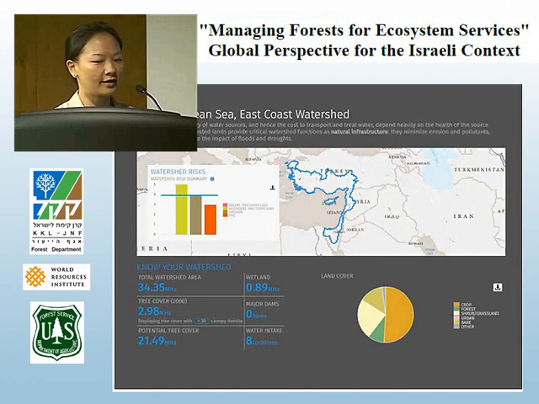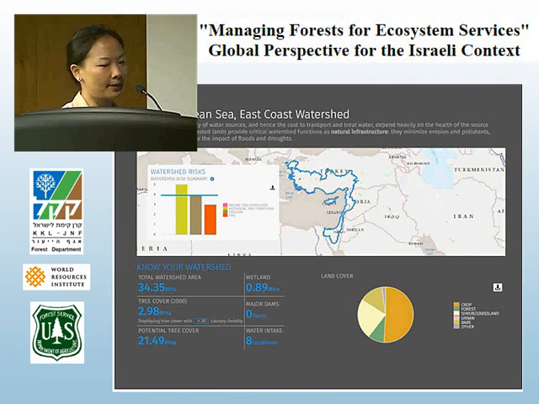So Israel is part of a major watershed. Here we call it the Mediterranean Sea and East Coast watershed. And GFW reports on a range of stats and 4 different watershed risks, which range from a score of 1 to 5.